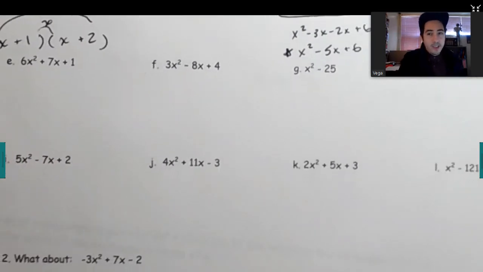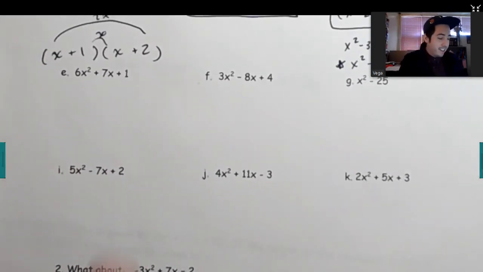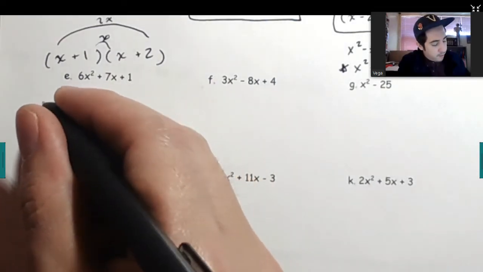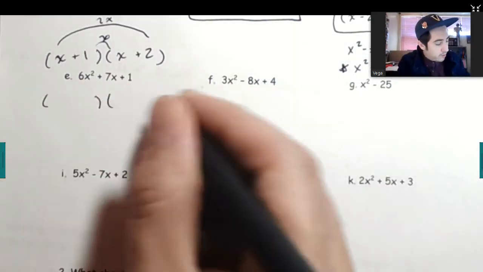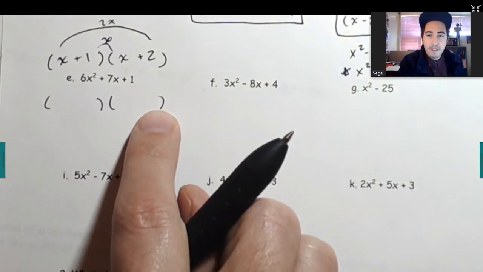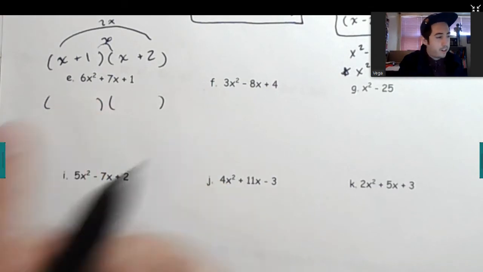Now, it doesn't always have a GCF. So for E, I look at it and say, oh, it's not 1x squared, it's 6x squared. Can I factor out something here? This one you can't, so you've got to do a little more work. That's okay. You're going to practice. So we still have two binomials like this. How do I get 6x squared?